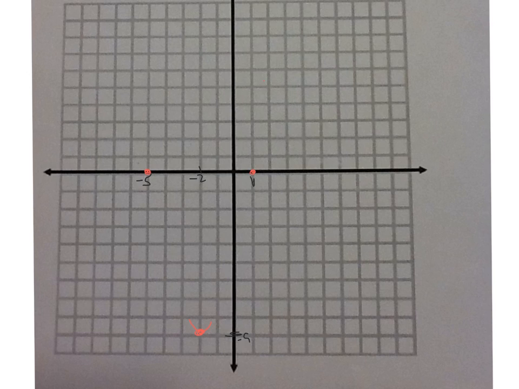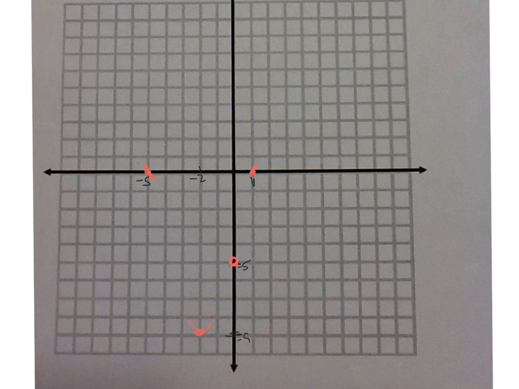And remember what I said, it's going to cross. So I'm going to put these two lines here. So it's going to cross at those lines. And I have a y-intercept at 0, -5. So plot 0, -5. So 0, -5. Plot that point right there.